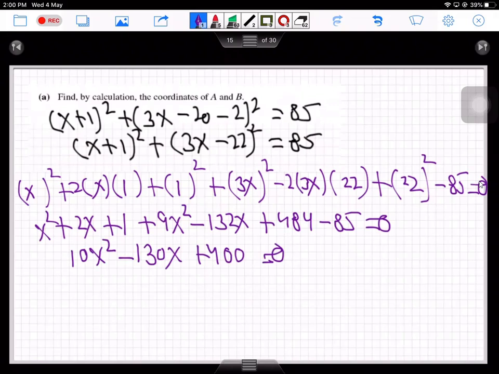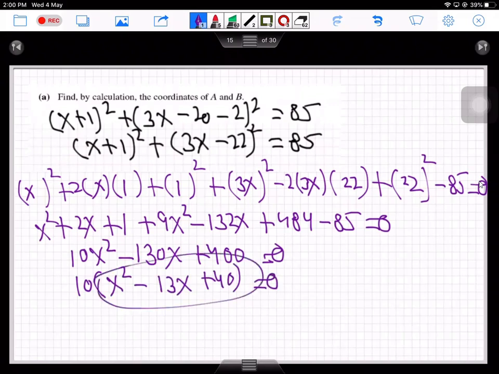Taking 10 as common, multiplied by x² − 13x + 40, and this whole thing is equal to 0. So when x² − 13x + 40 is made the subject, it is equal to 0 divided by 10, which is obviously 0. So therefore x² − 13x + 40 = 0.